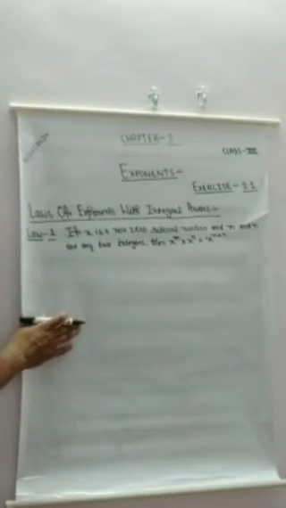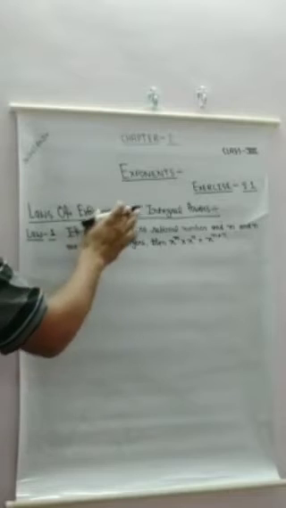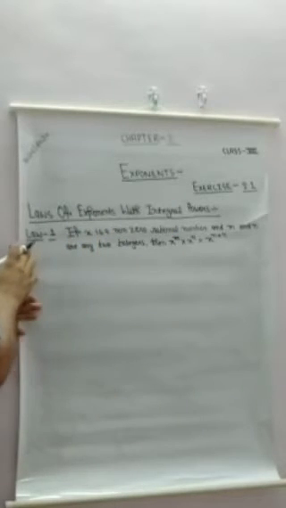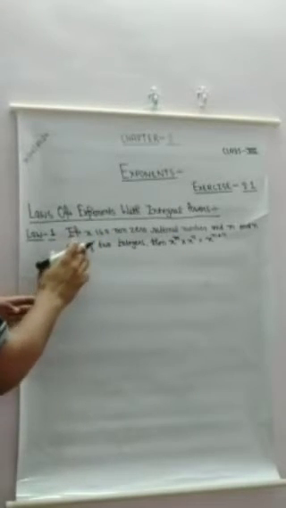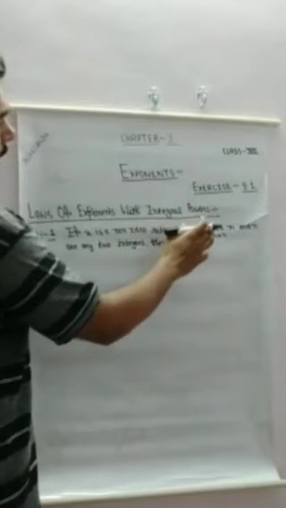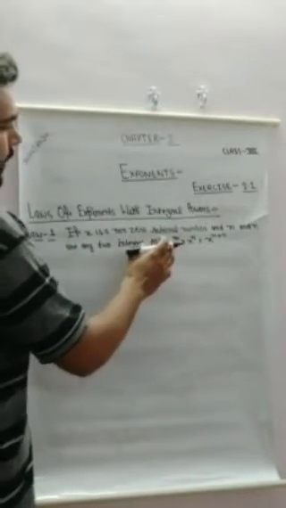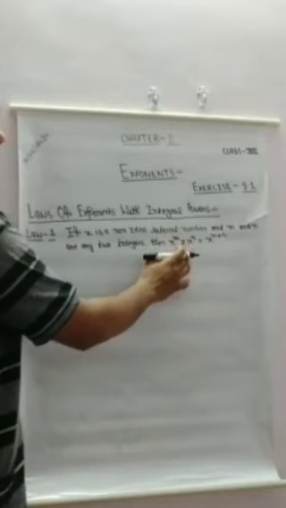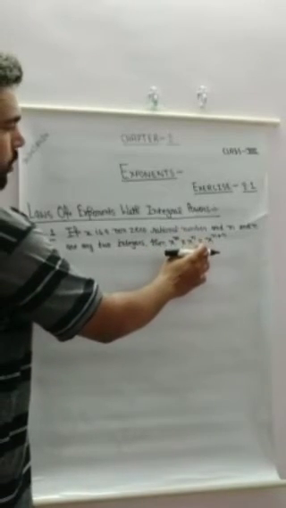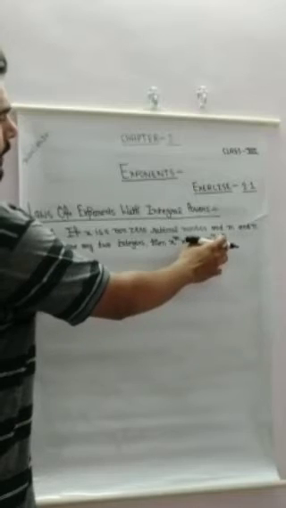Now our next topic is laws of exponents with integral powers. Starting with law first. If x is a non-zero rational number and m and n are any two integers, then x raised to the power m into x raised to the power n is equal to x raised to the power m plus n.